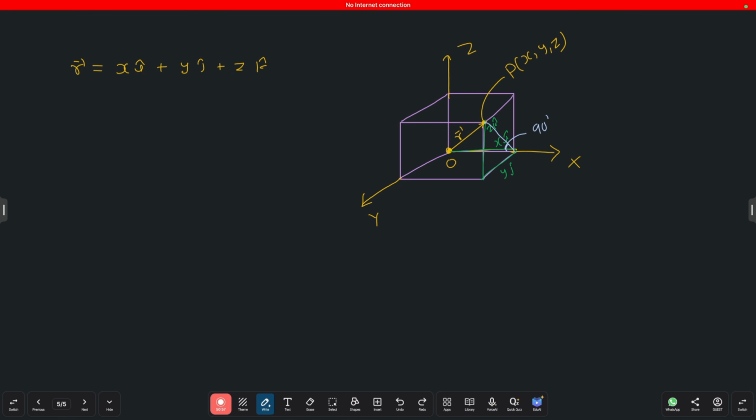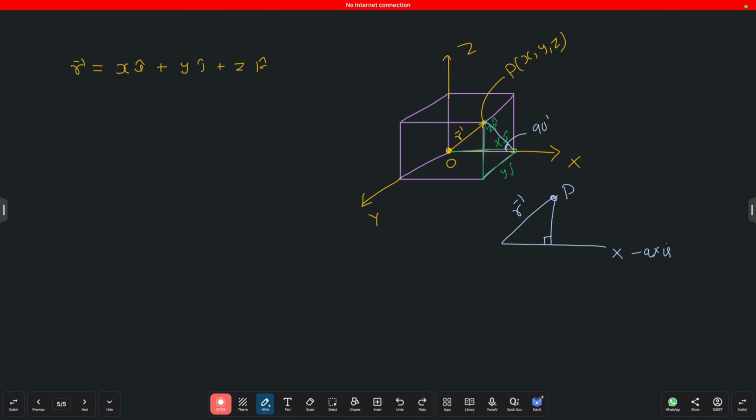So this triangle has the x-axis, this is the radius vector r vector, and here is point P. Now can you see it is 90 degrees? This is r vector, this is x-axis.